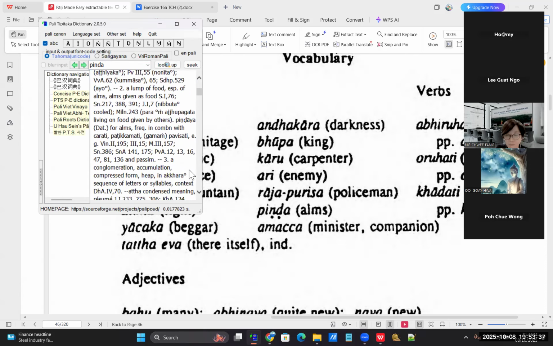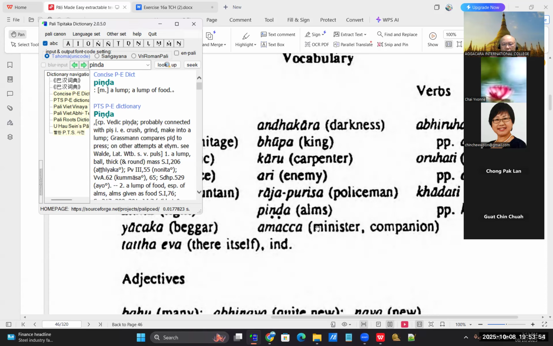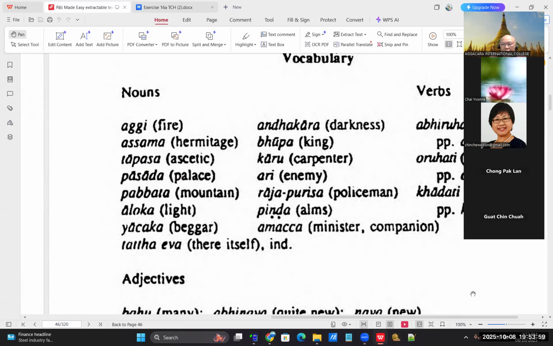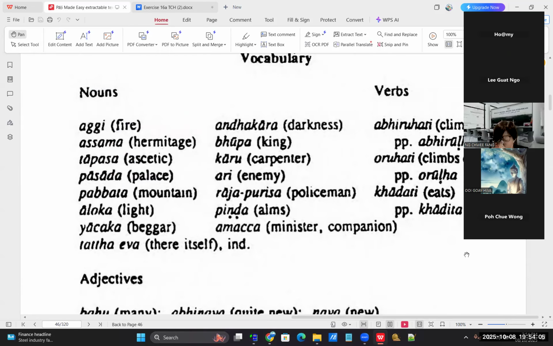People give the food in the alms bowl, so they drop the food. Or maybe you make the food into a small lump and eat it. So it's called piṇḍa. A lump of food actually means a small lump. It's not a big piece of food, it's a very small lump only. So amacca, minister, companion. Okay. So if you're hardworking, try to find the root using the dictionary.